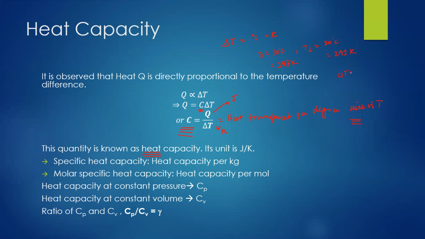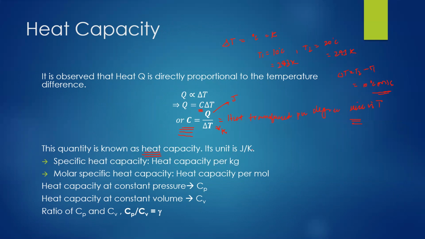When you find delta T, which is T2 minus T1, that is 20 minus 10, or 293 minus 283, which is 10. It can be degrees Celsius or Kelvin, it doesn't matter. The two temperatures that you are subtracting need to have the same unit, either degrees Celsius or Kelvin. But whatever unit they have, that's fine.